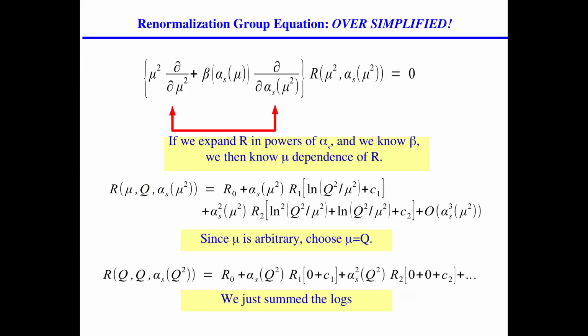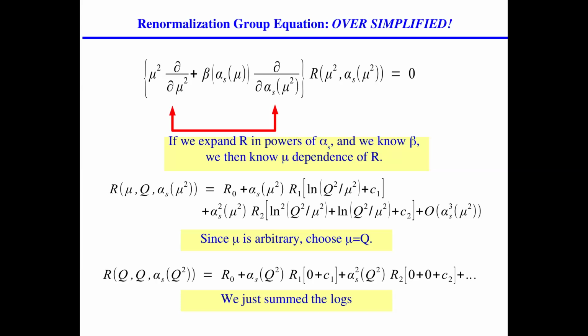Then you can apply this, and if I do a Taylor expansion in powers of alpha S, I've got alpha S squared, I've got things like log of the scale plus possible constants, and log squared plus constants, things like that. But because I know how things vary with mu, I have the freedom to choose mu where I want.